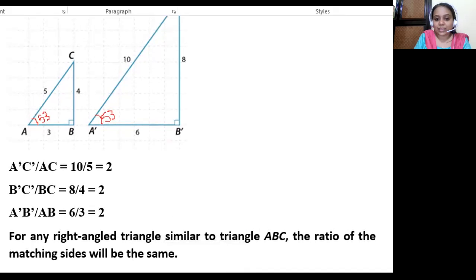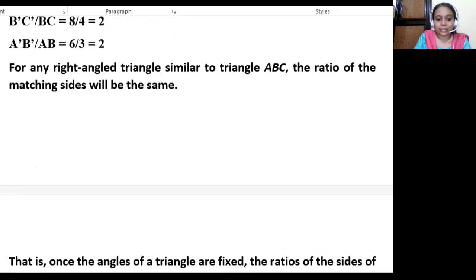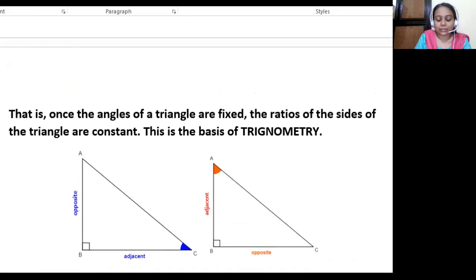Now, let's try to label a triangle. I mean, the ratio of the sides has got to do something with this angle. So from the angle perspective, let's label the sides other than the hypotenuse. When I'm standing at this angle C and looking at AB, it's my opposite side. And BC is closer to this angle, so it's my adjacent side.